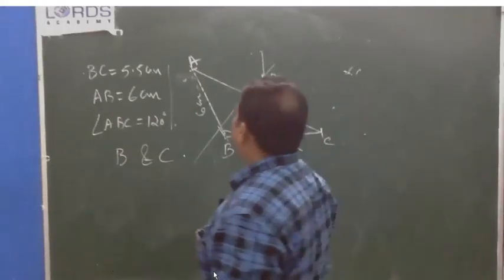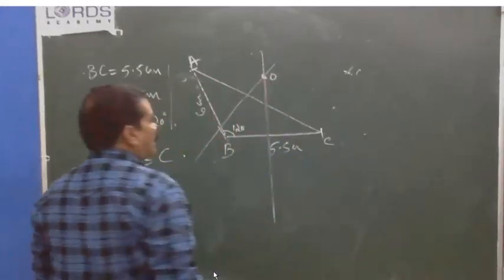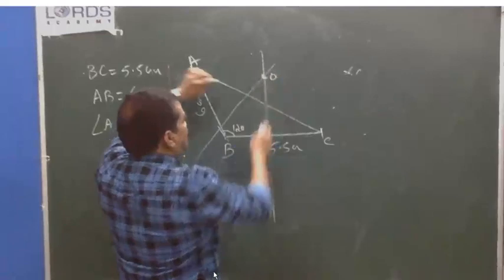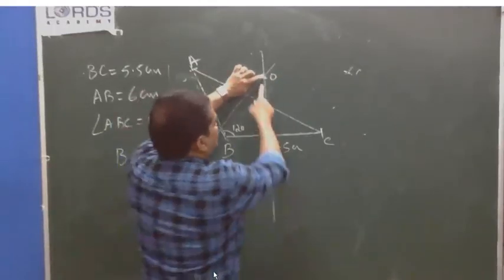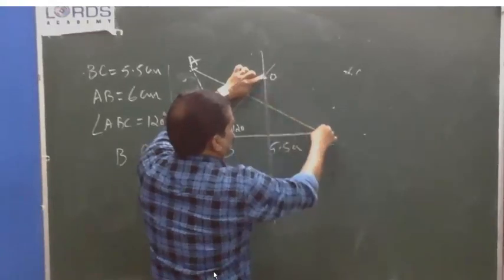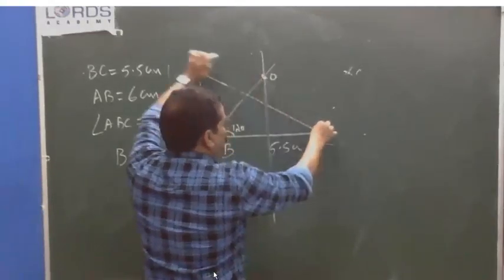And then draw the circumcircle for this. You take the radius as the distance from the center to any one vertex, and draw it.